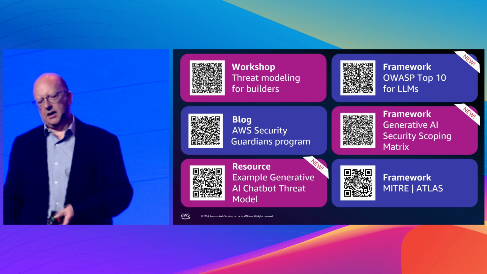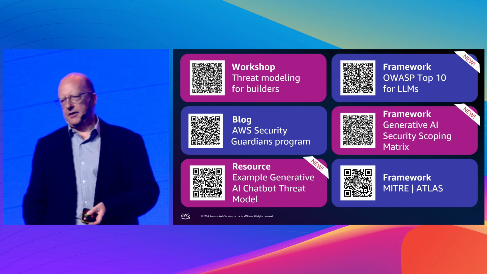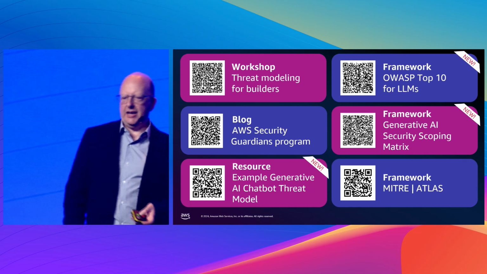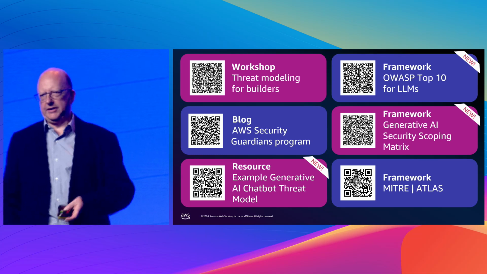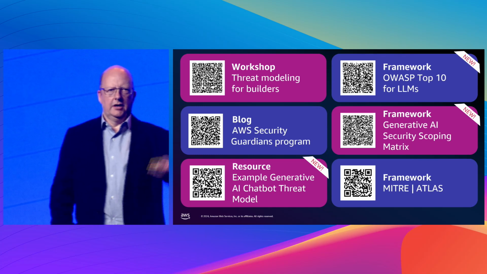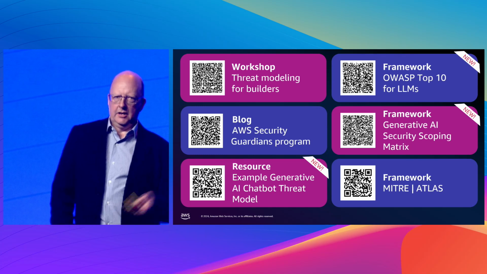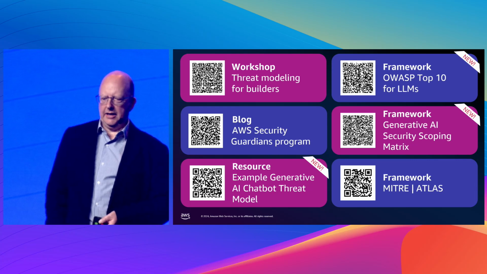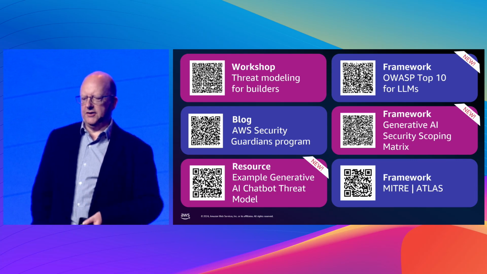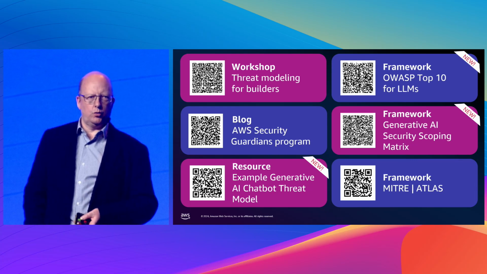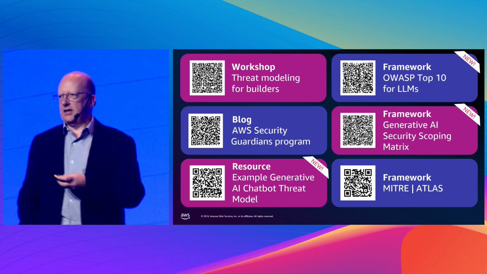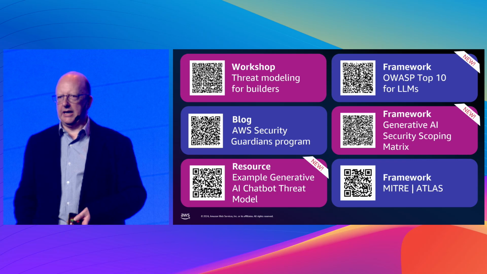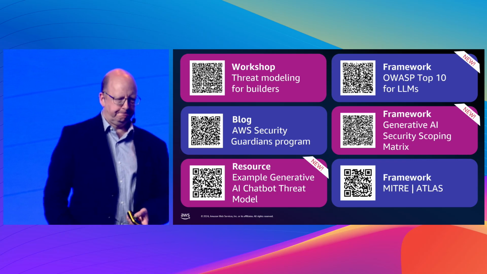We have an example generative AI chatbot threat model, and that's using Threat Composer, which is an open source tool that we've created that we use internally, and you're free to use as well. The OWASP Top 10 for LLMs framework. There's also a generative AI security scoping matrix, which is available, and also the MITRE Atlas framework. So these are the base things that you should be looking at and considering when threat modeling your generative AI workloads.